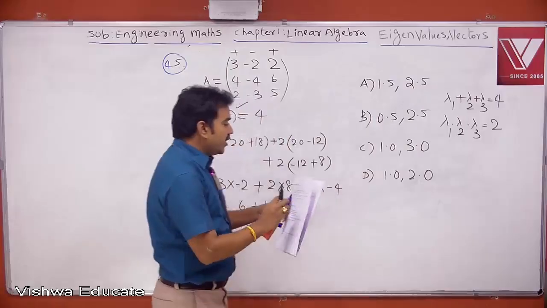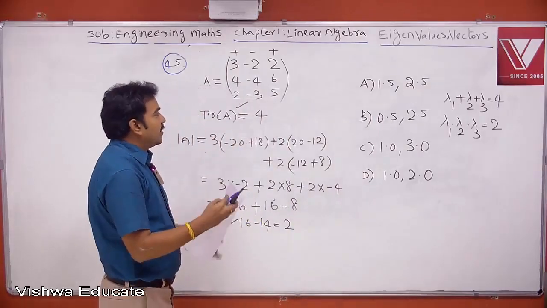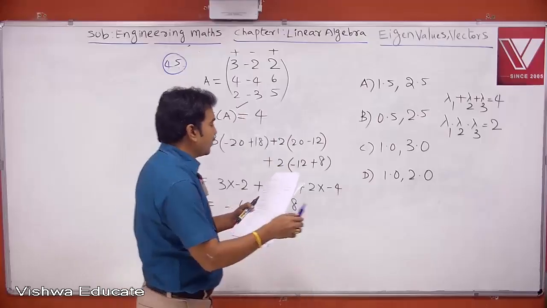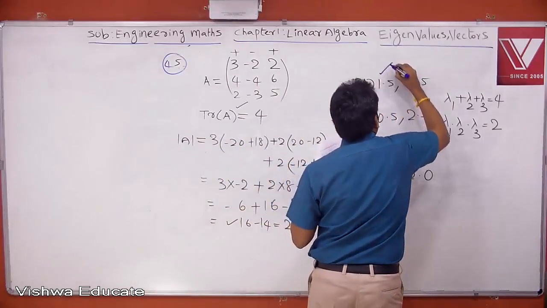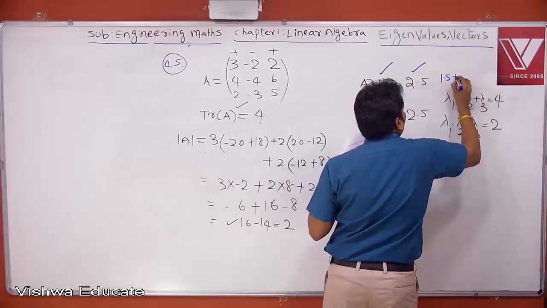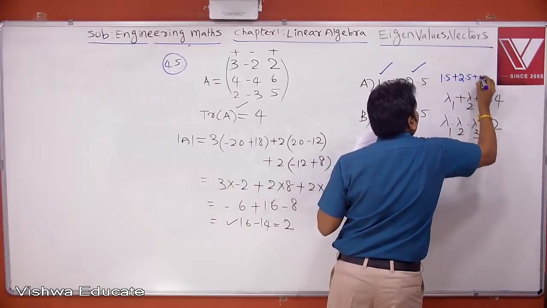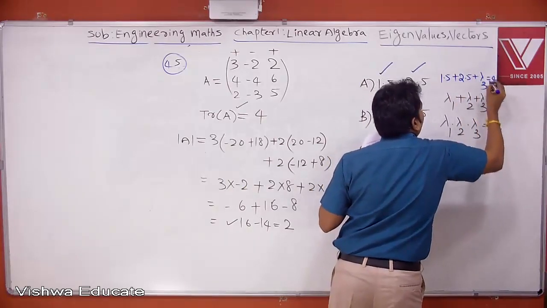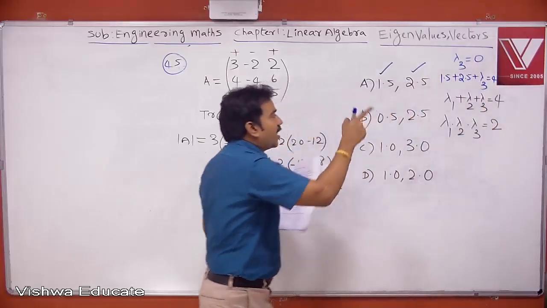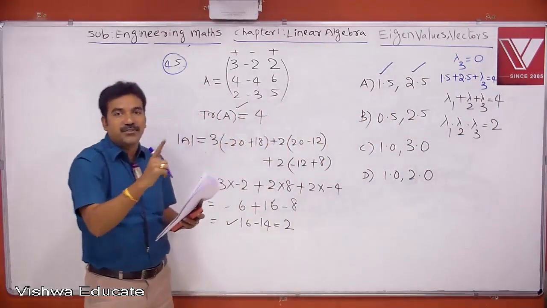Now let us try to verify these options. Suppose A is the right answer. That means one eigenvalue is 1.5 and another is 2.5. Then 1.5 plus 2.5 plus lambda 3 equals 4, so lambda 3 is 0. When one eigenvalue is 0, det becomes 0.